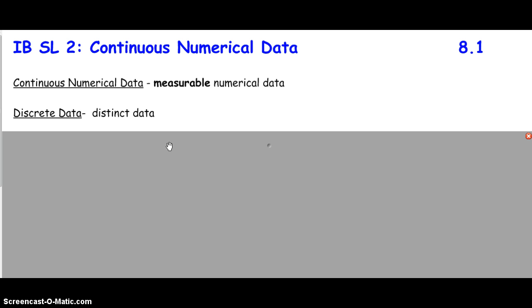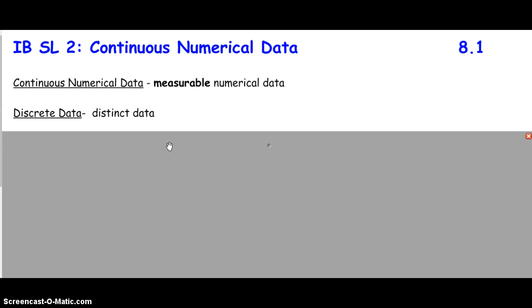Continuous numerical data is data that is measured, and discrete would be distinct data. So if you think about students in a classroom, if you were counting those students, that would be discrete data, because you can't have half of a student, so you would get a total number, or countable data.